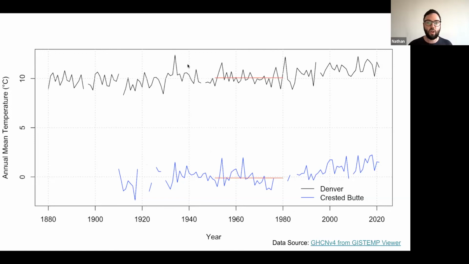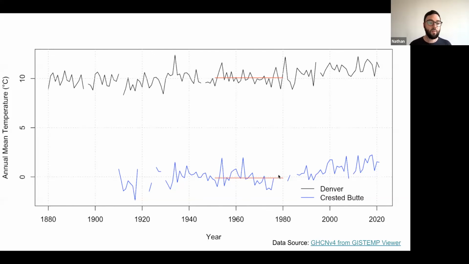And that's shown in these red lines here. So you can see that I picked, I think, about between 1950 and 1980, both of these stations had almost data in every single year. And as I had said on the previous slide, Denver has a mean temperature of right around 10, and Crested Butte has a mean temperature of right around 0.